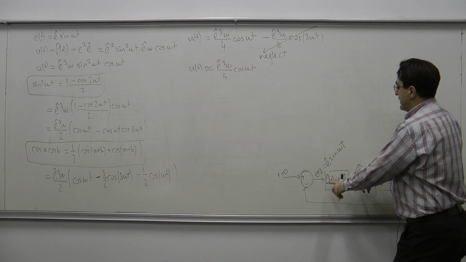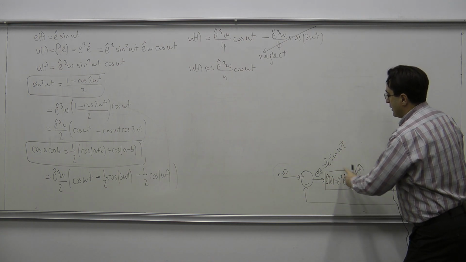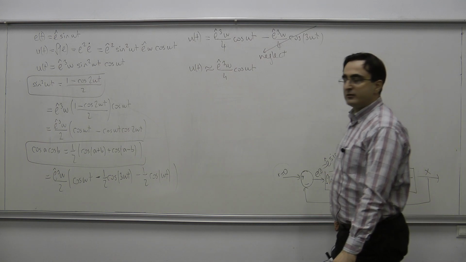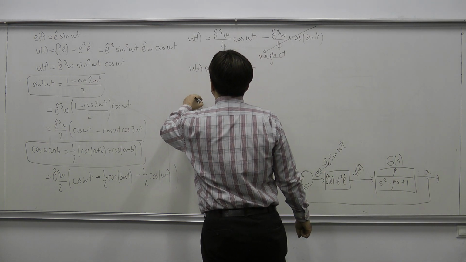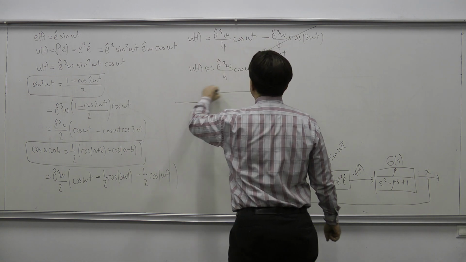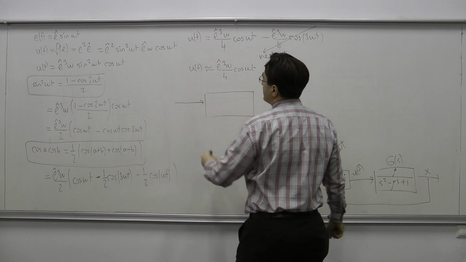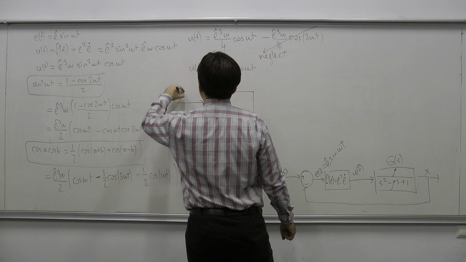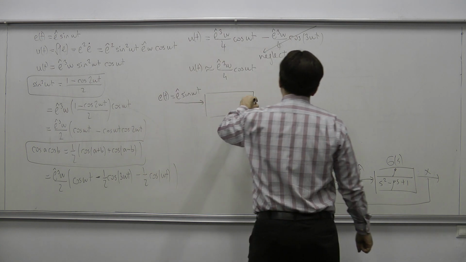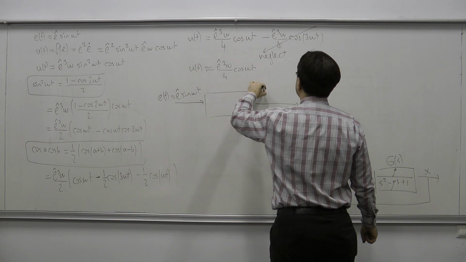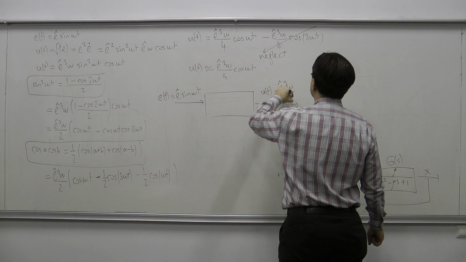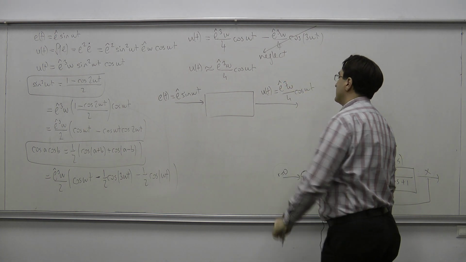So now I can actually think about how to replace this nonlinearity with a linear element. Okay? So suppose that I give you a black box with the input e of t equal to e hat sine omega t, and suppose that the output is u of t equal to e hat cube omega over 4 cosine omega t.